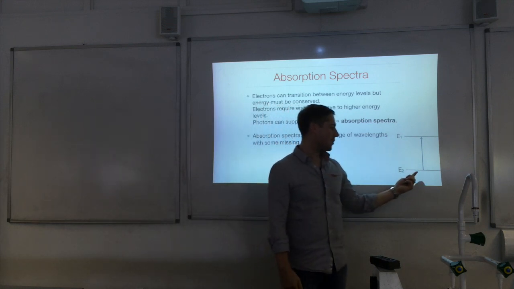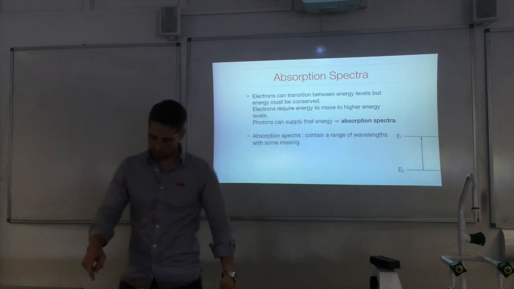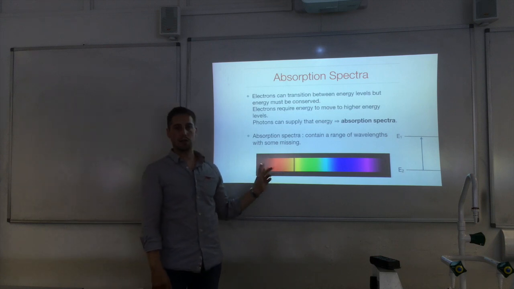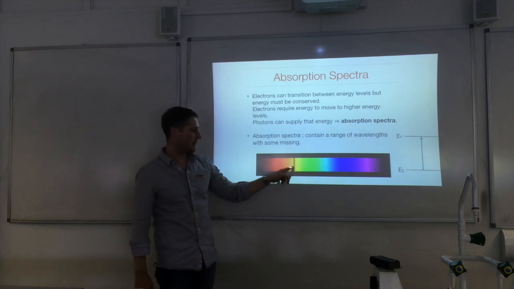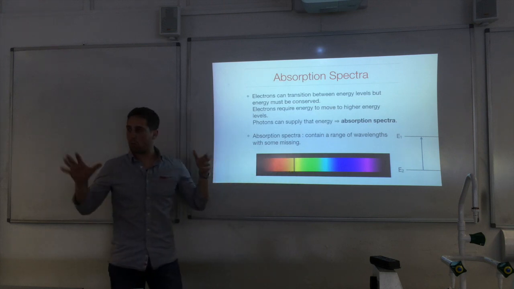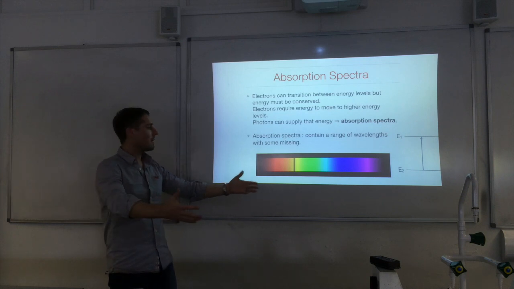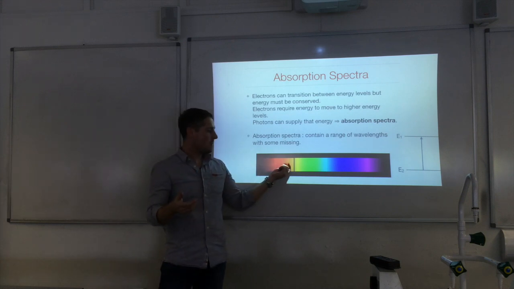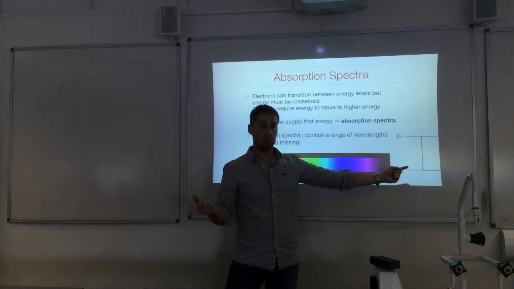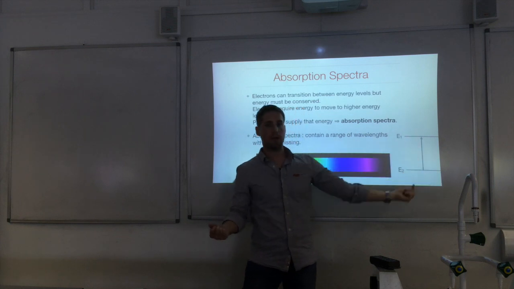So here we've got the electron moving from E2 to E1. It's moving to a higher energy level because it absorbed a photon to do so. So here's our continuous spectrum, and there's our two wavelengths missing. White light has passed through a cloud of vaporized sodium, and as it did so, the electrons in the sodium absorbed those two photons so that electrons could move up an energy level.